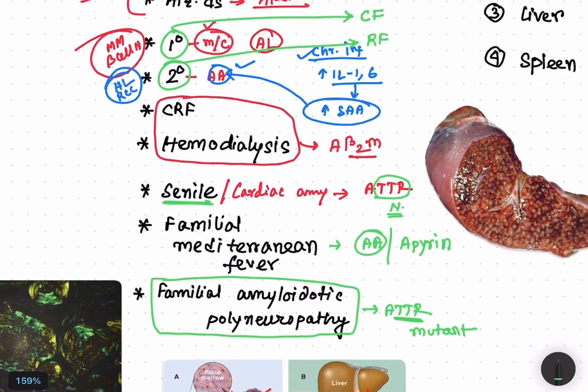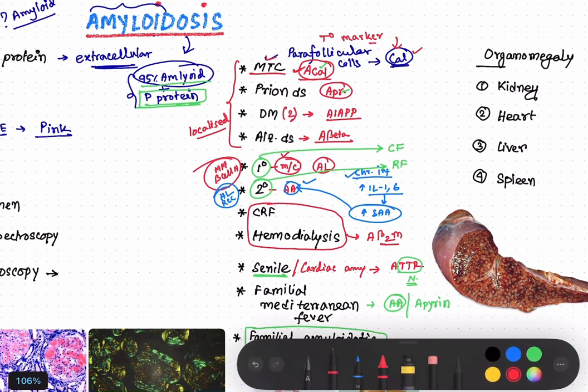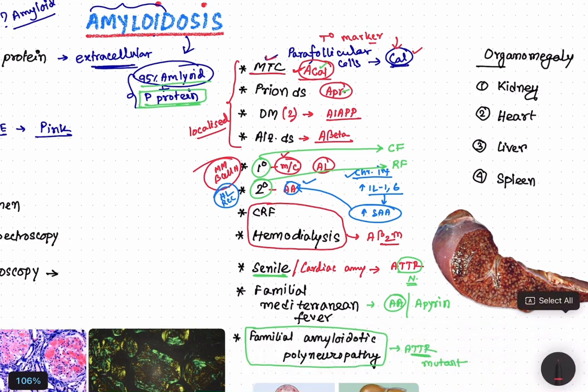Now these are the various kinds of amyloids that get deposited in specific diseases. Please do remember, these are the primary, secondary, and chronic renal failure, hemodialysis, and these are your generalized amyloidosis. And these are your familial amyloidosis: familial Mediterranean fever and familial amyloidotic polyneuropathy.